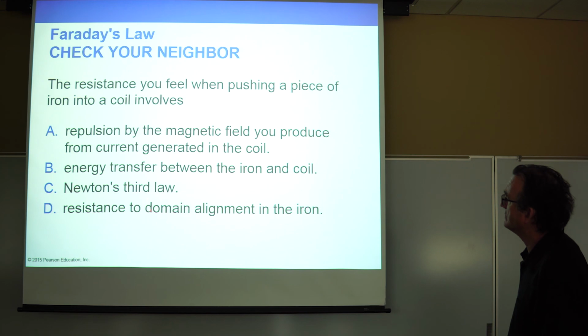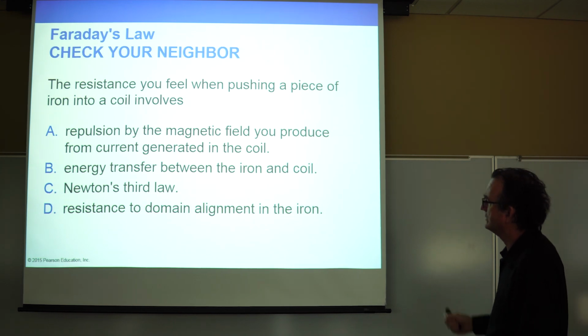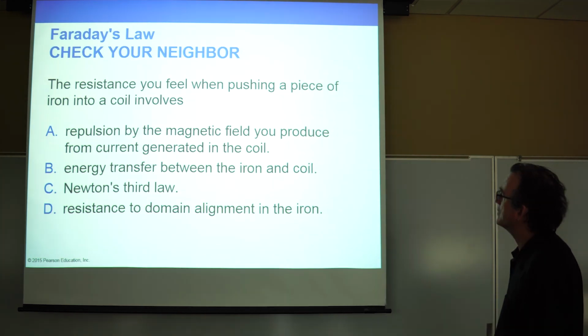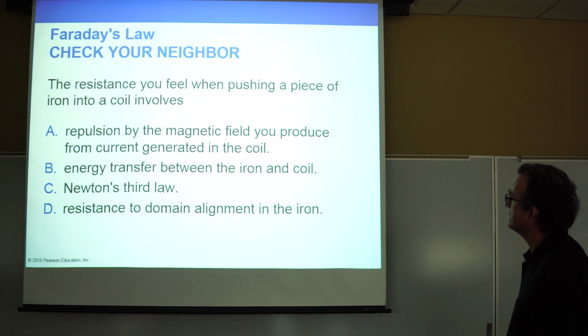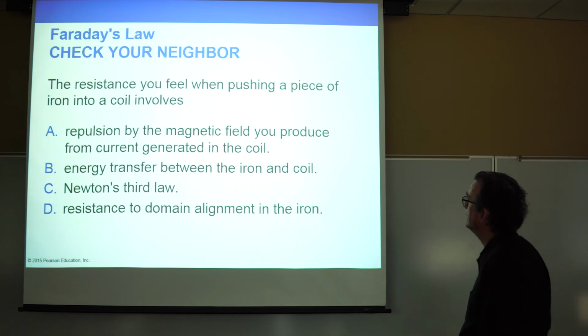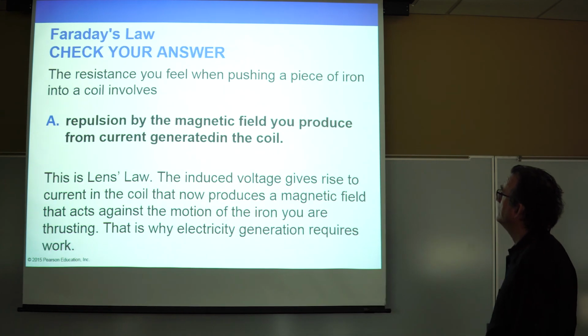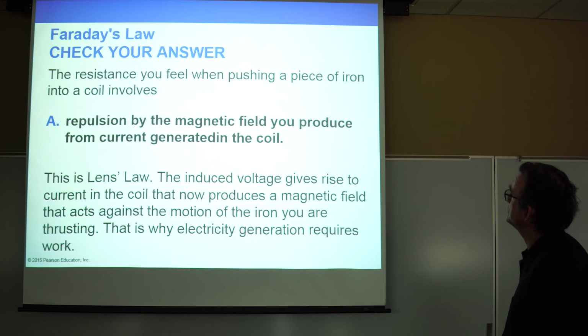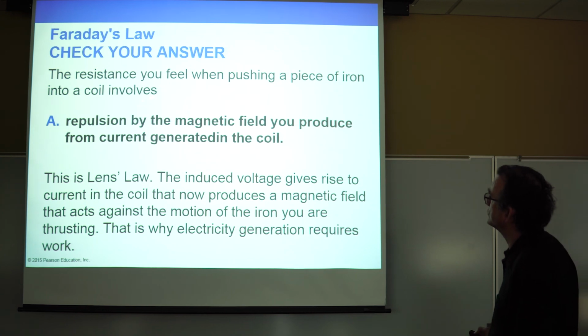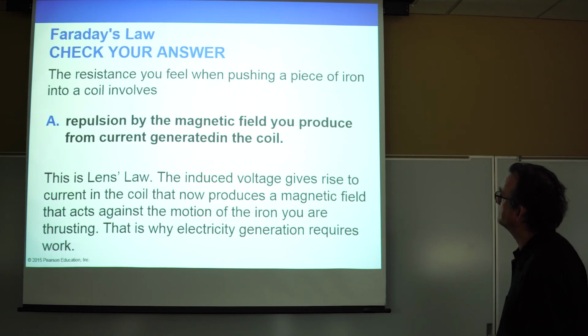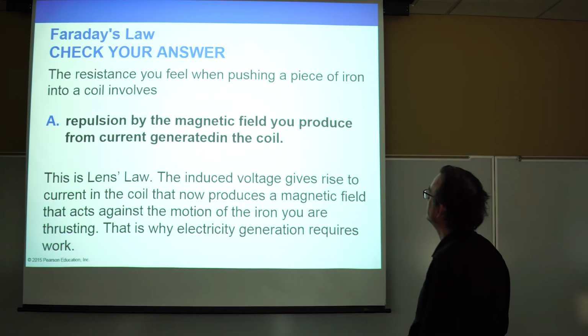They do not become unaligned as a result of pulling it in and out. This one is a much harder one to answer, so I'm going to answer it for you: the resistance you feel when pushing a piece of iron into a coil involves repulsion by the magnetic field that you produce by the current generated in the coil.